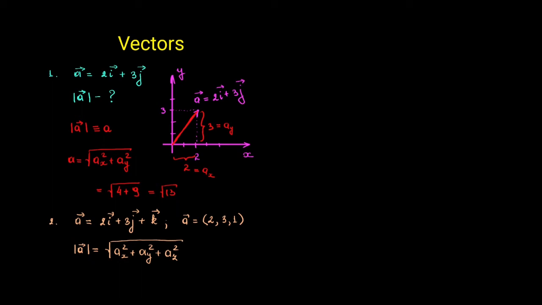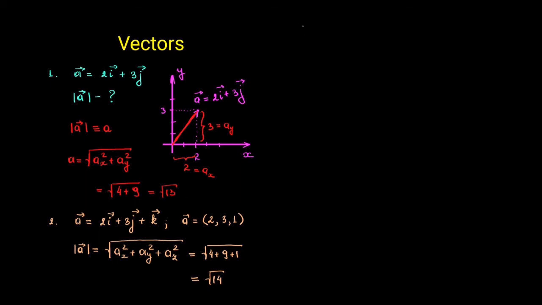Okay, so this is the formula which you need to keep in mind. If we insert the numbers, then we will get the square root of 4 plus 9 plus 1, so it is the square root of 14.